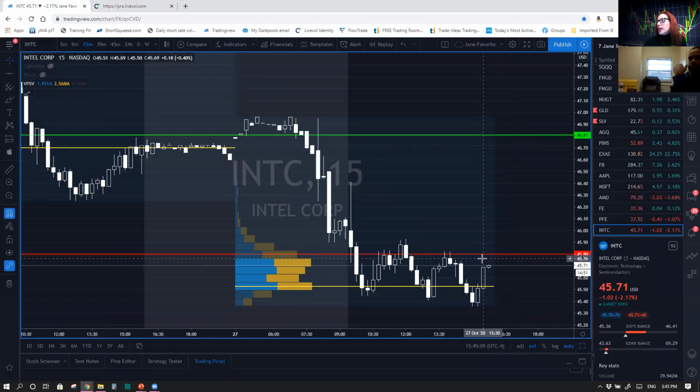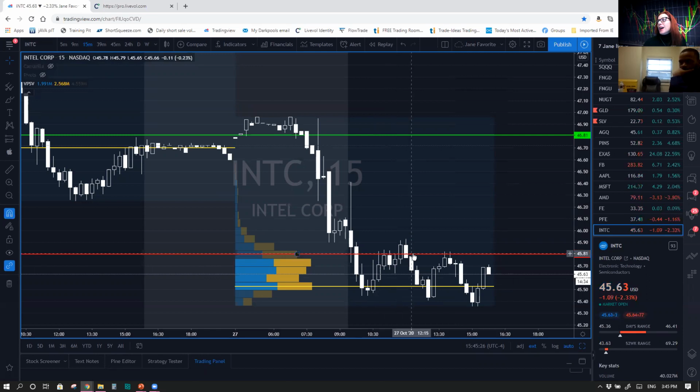So 45.78, you can see right here, it tested and it sold off right here. You can see all the selling wicks, right? So they were selling earlier right here at 45.78 because it stalled there. These are 15 minutes: 15, 30, 45, an hour. Potentially here they sold again, an hour and 15 minutes, hour and 30, hour 45 minutes.